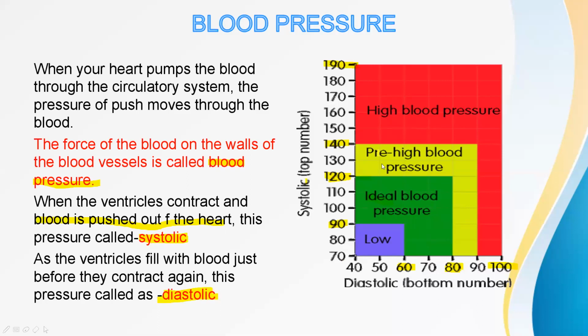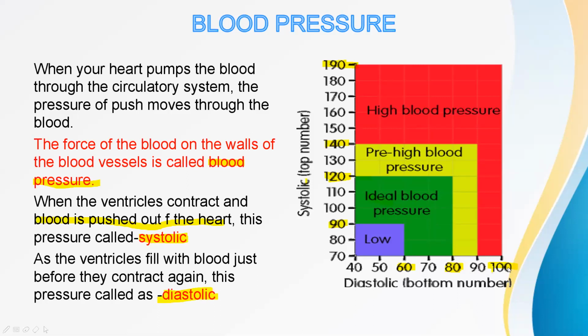If the blood pressure is 190/100, you already have high blood pressure. The systolic pressure is 190 and the diastolic pressure is 100.